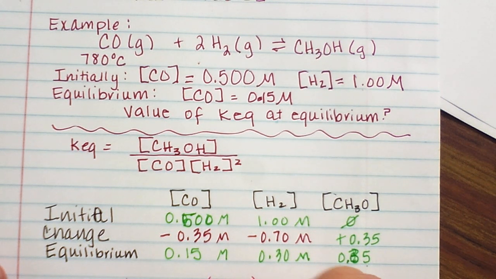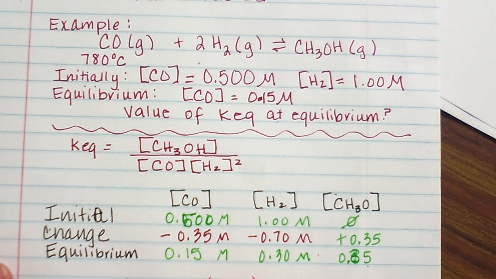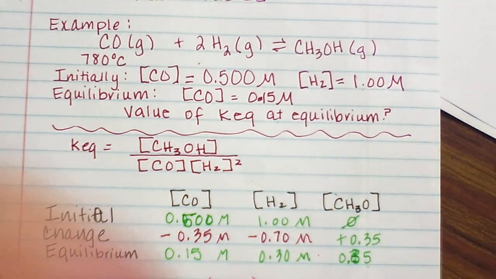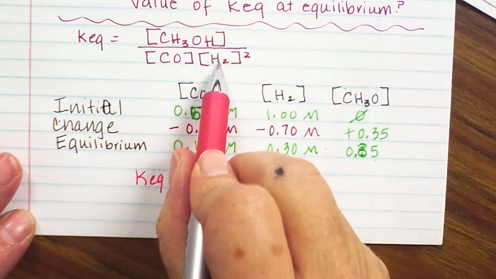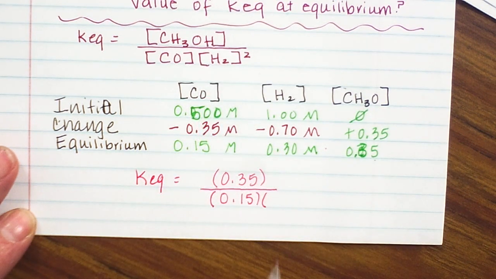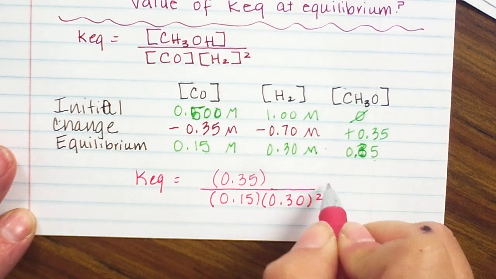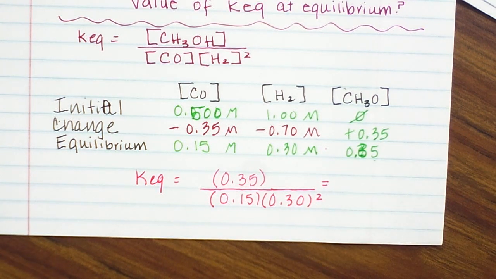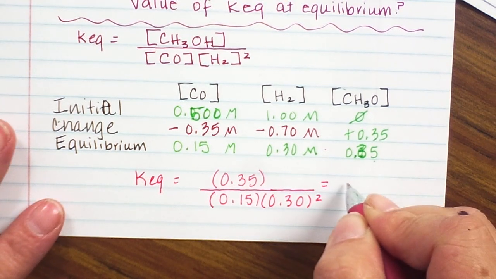And that is going to be divided by my concentration at equilibrium of my carbon monoxide, which is 0.15, times at equilibrium my concentration of my hydrogen squared, 0.30 squared. Now, when I multiply all this out, what I get is 26.